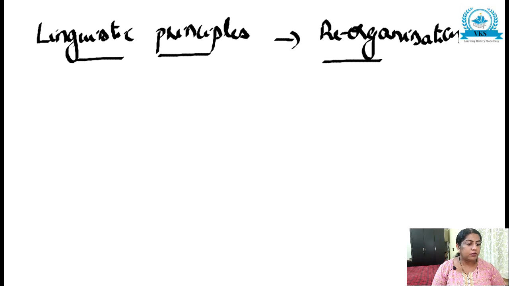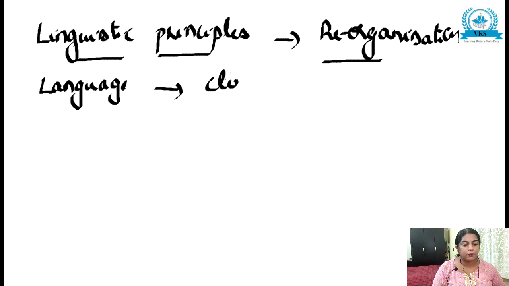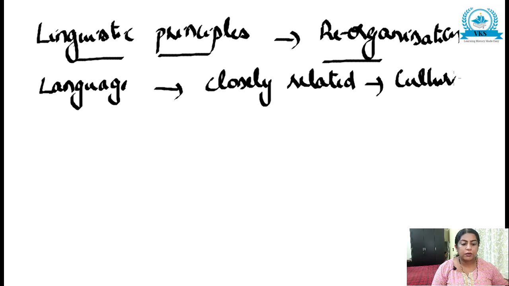Now, regarding language as a basis for reorganization is very important. Why is language so important? We can say that language is closely related to culture and customs of people. Language is closely related to two things, that is culture of the people and customs of the people.